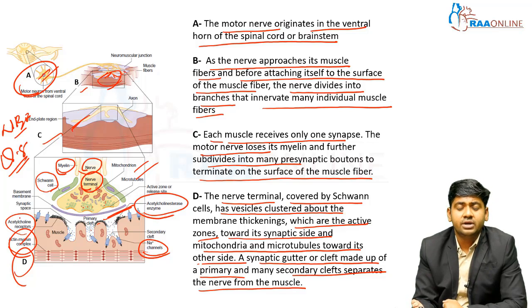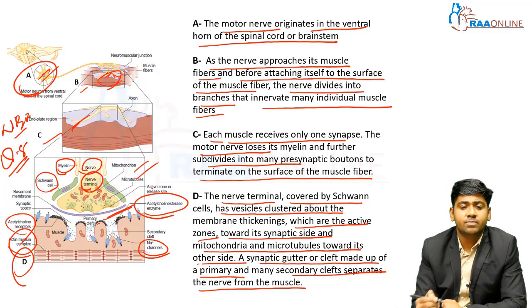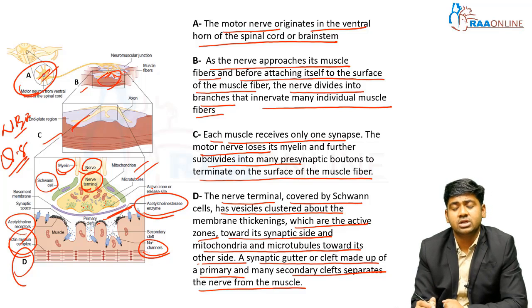Here in the muscle endings, we get different acetylcholine receptors. So when you are drawing a labelled diagram of the neuromuscular junction, you must keep in mind that you have to cover everything. Here is a nerve terminal. In the nerve terminal, you have to draw the mitochondria, microtubules, and the synaptic vesicles. You have to draw a synaptic cleft, with the primary cleft and secondary cleft. In the primary and secondary clefts, you have to mention the acetylcholine receptors.